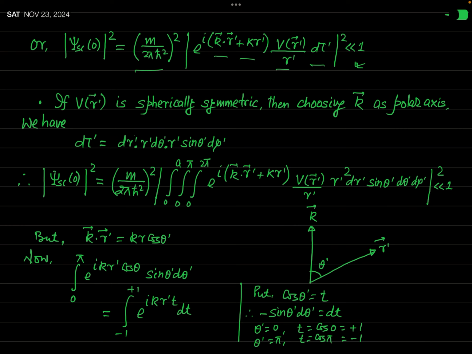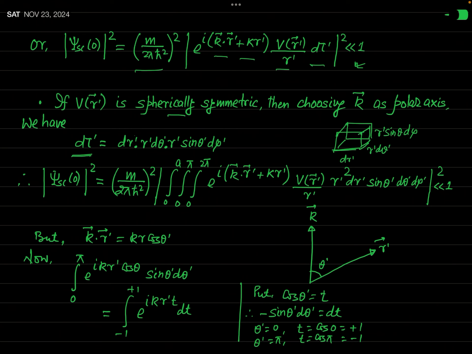Now if you talk particularly about the spherically symmetric potential, in case of a spherically symmetric potential, what will be this volume element d gamma dash? Actually, when you consider a volume element in 3 dimensions in a spherical polar coordinate system, then you know the length of this element is dr dash, its breadth is r dash d theta, and its height is r dash sine theta d phi.